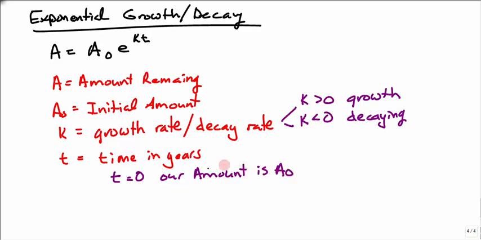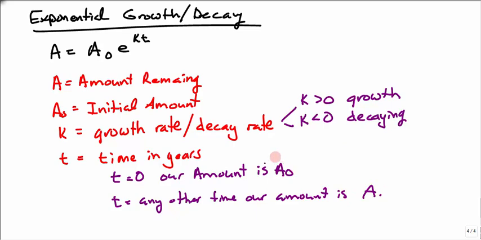At t equal any other time, our amount is represented by A. So this initial amount is either given or you're asked to solve for it, but it's always the amount that doesn't change. And then once we plug in and calculate things, then we get our final amount that we're looking at. So working with these problems, it's going to be important that you be able to solve for the different variables. So knowing whether that value of K is positive or negative will help you determine growth or decay.